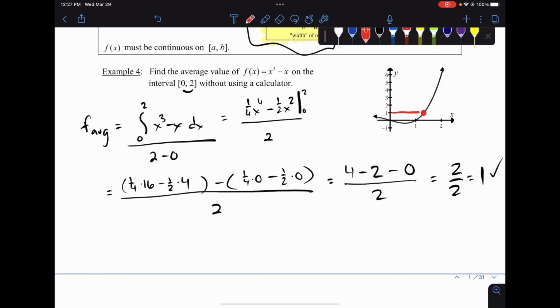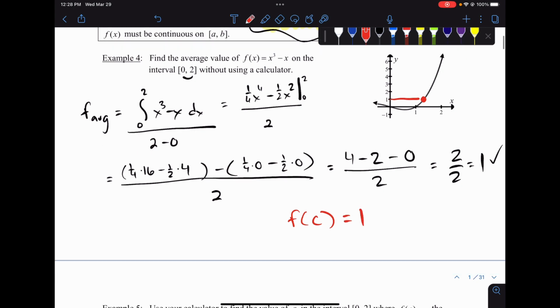So it wants to know this point right there. It wants to know what is the x value that gives me a y value of 1.